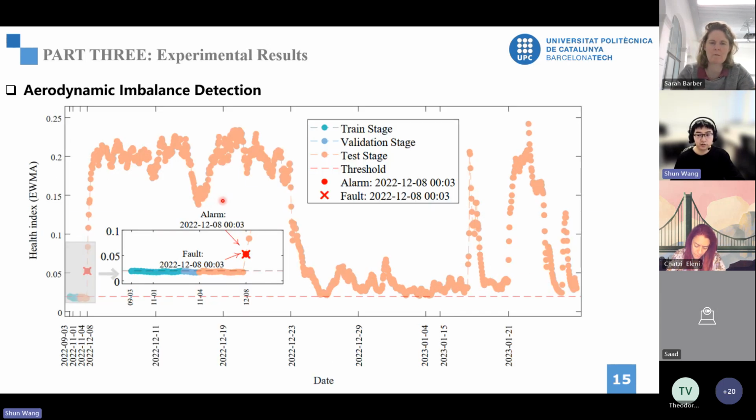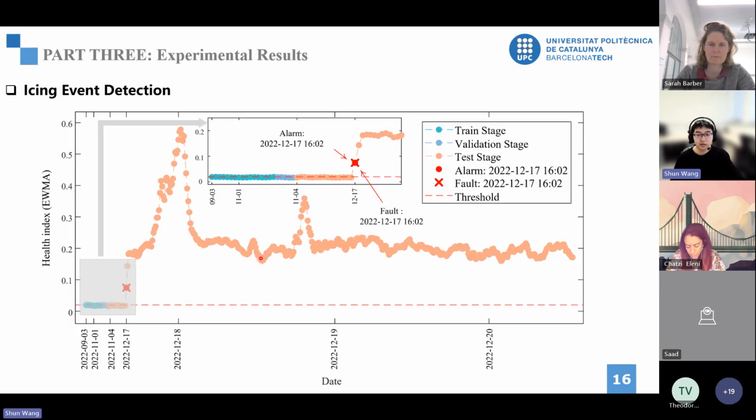Our method also successfully detected the aerodynamic imbalance. On December 8th, the health index went above the threshold, correctly detecting when the imbalance began. Similarly, on December 17th, our solution detected icing events perfectly.